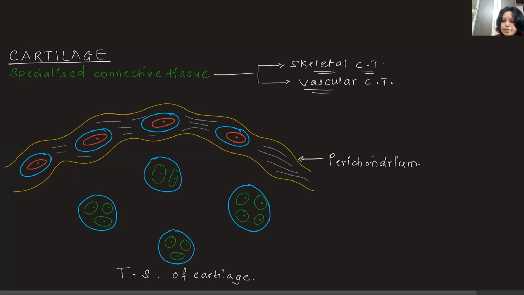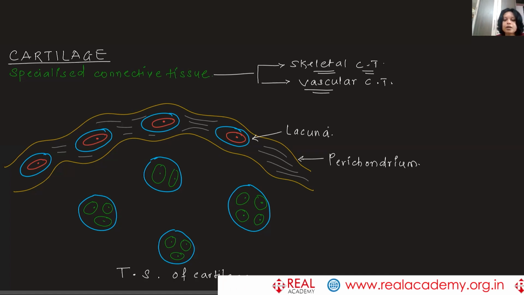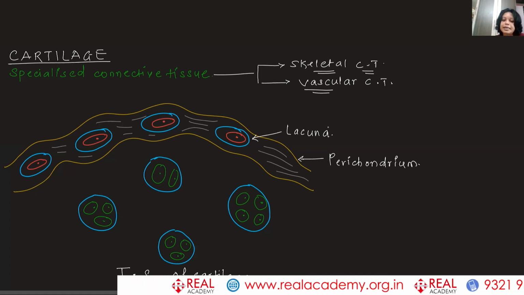In perichondrium, you're observing that there are many spaces, many gaps, and these gaps are known as lacuna. A single gap is called lacuna; many are called lacunae.